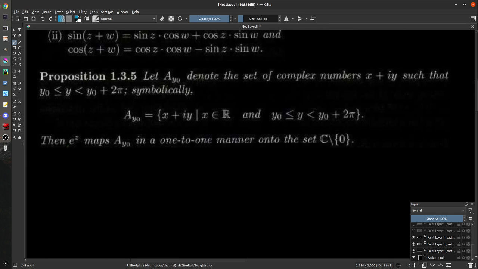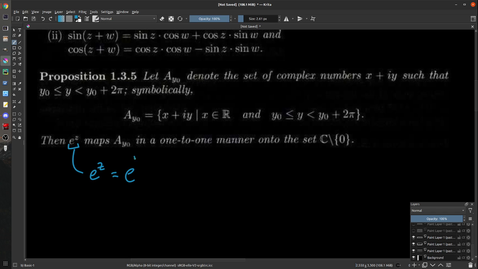If you'll recall, e to the z we defined as being given in the complex world as, now I'm going to write this all in terms of z instead of using x's and y's.